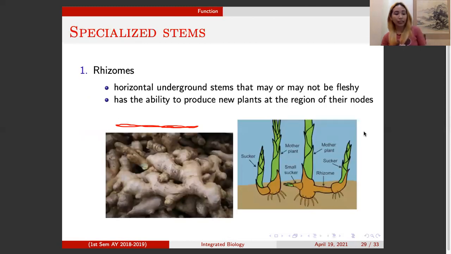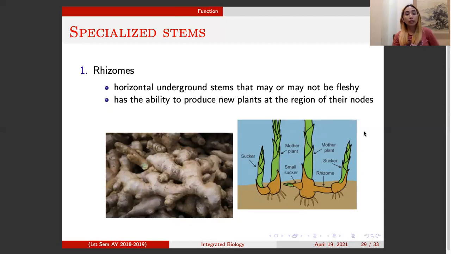Okay, and last in our discussion would be the specialized types of stem. Now, there are different types of specialized stem, and you will see some examples of this given in the slides, okay? And also the attributes that basically characterize the stem. So first, we have rhizome. Rhizome are horizontal underground stem that may or may not be fleshy in nature.